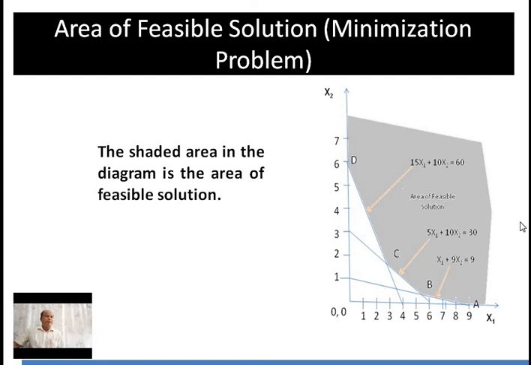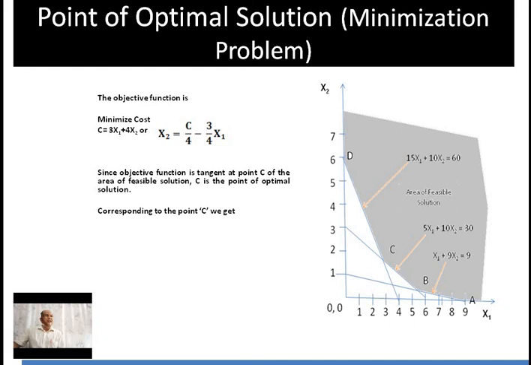Now here also we have to put the objective function to identify the point of optimum solution. The objective function is c is equal to 3x1 plus 4x2, or x2 is equal to c by 4 minus 3 by 4 x1.